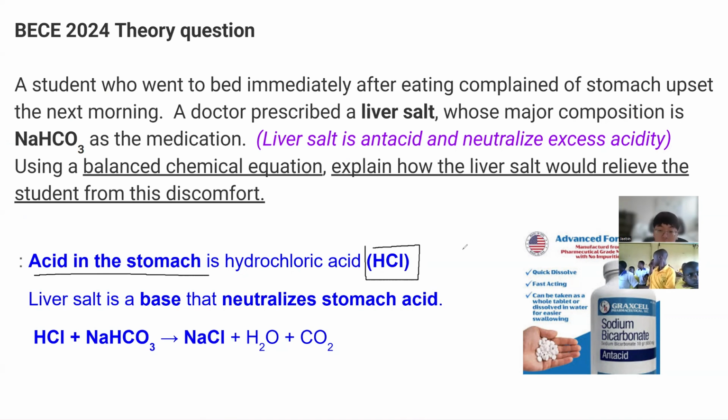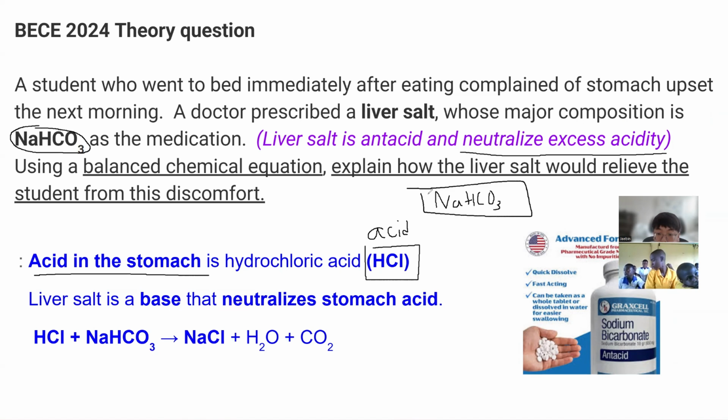And liver salt, remember, it says to neutralize the acidity. So liver salt is a base. Hydrochloric acid is an acid. Liver salt, which is NaHCO3, is a base.